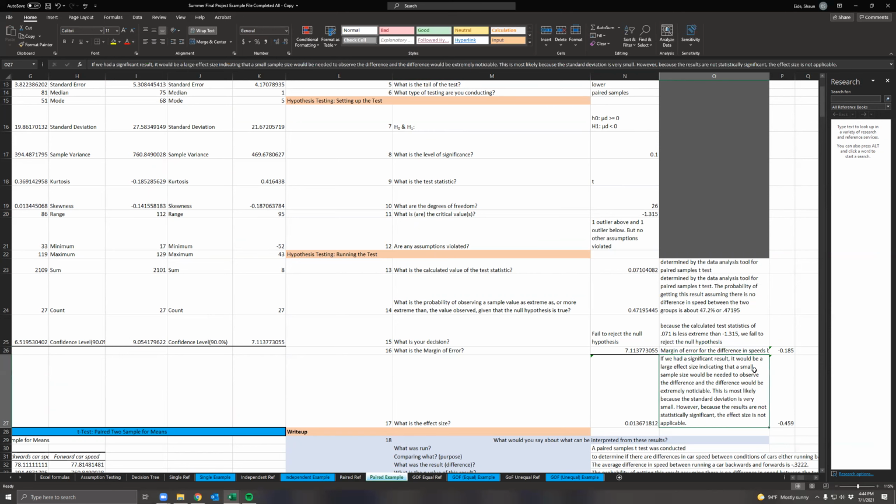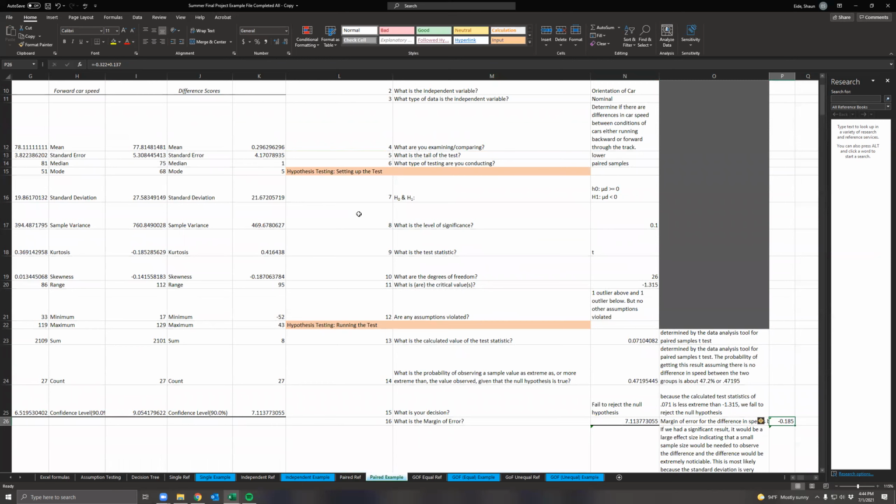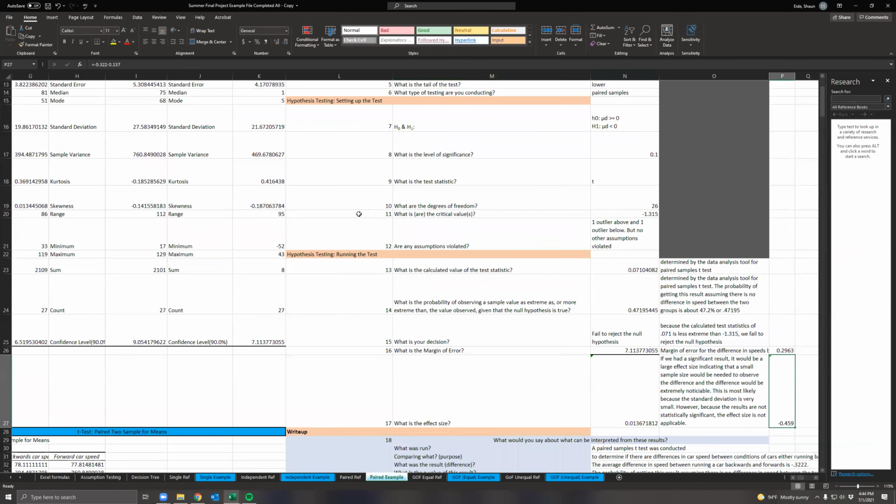Or if you actually do the math, let's do the mean, which is 0.2963, and then equals the mean minus the margin of error, and then equals the mean plus the margin of error.